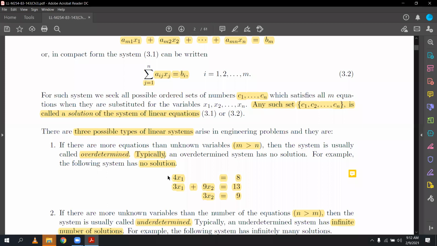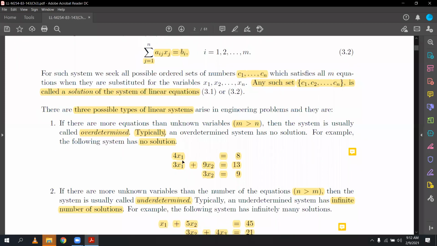I give you a very simple shape of a system. What is the solution for x1 and x2, please? Anyone? x1 equals 2 and x2 equals 3. Yes, x1 is equal to 2 and x2 is equal to 3.